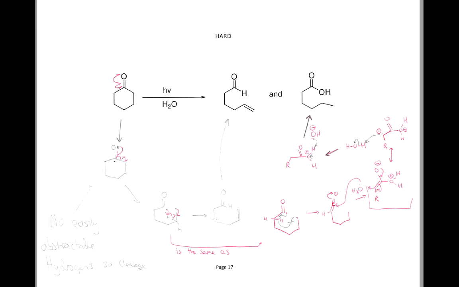That's controlled by the fact that not only is it conveniently located in space, but abstraction of this hydrogen can also lead to the formation of our double bond. So two good reasons why this hydrogen is abstracted, getting us to our aldehyde and our alkene functionality in our first product. But this problem has two products.